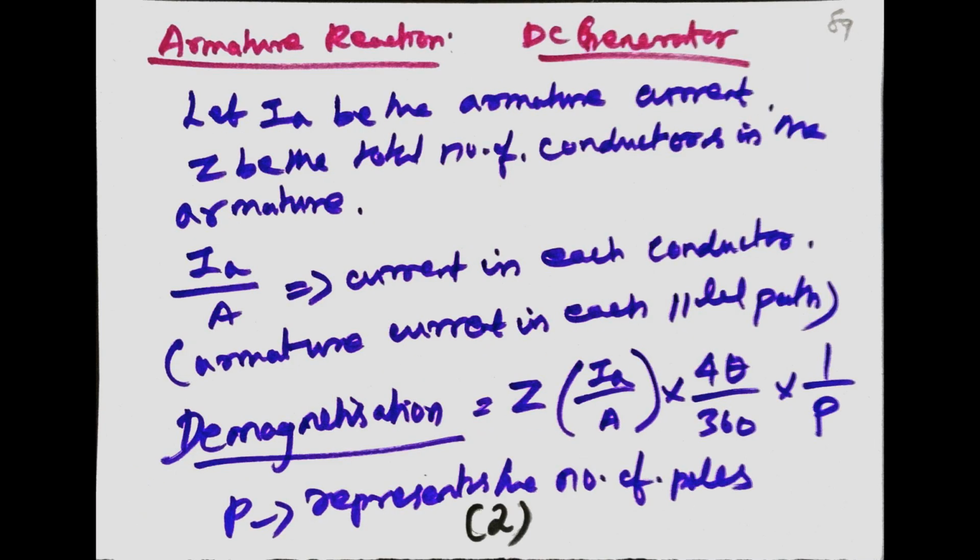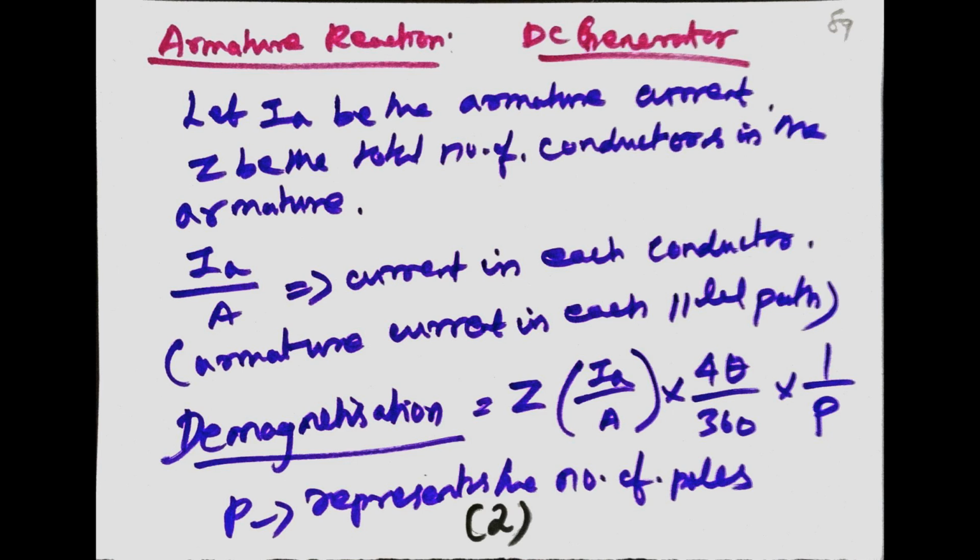Armature reaction, DC generator. Let Ia be the armature current and Z be the total number of conductors in the armature. Ia divided by A is equal to the current in each conductor, that is, the armature current in each parallel path. Demagnetization is equal to Z into Ia divided by A into 4 theta divided by 360 into 1 divided by P, where P represents the number of poles.